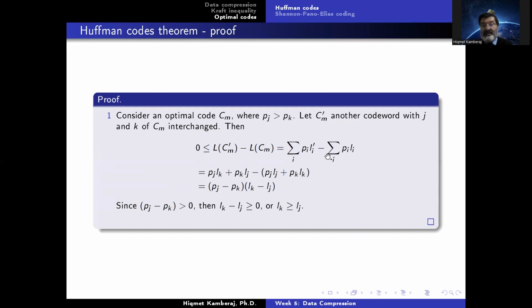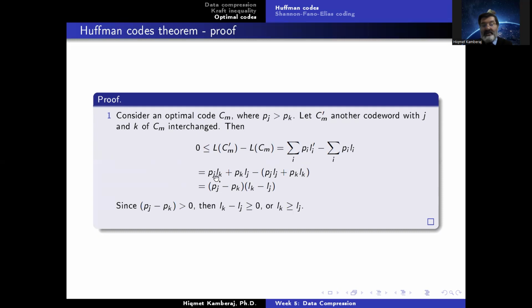Now you should notice that C_M prime is obtained from C_M by just exchanging the code words of j and k. So for L_M prime, I have p_j l_k plus p_k l_j, which are different from C_M, and all the others are equal.